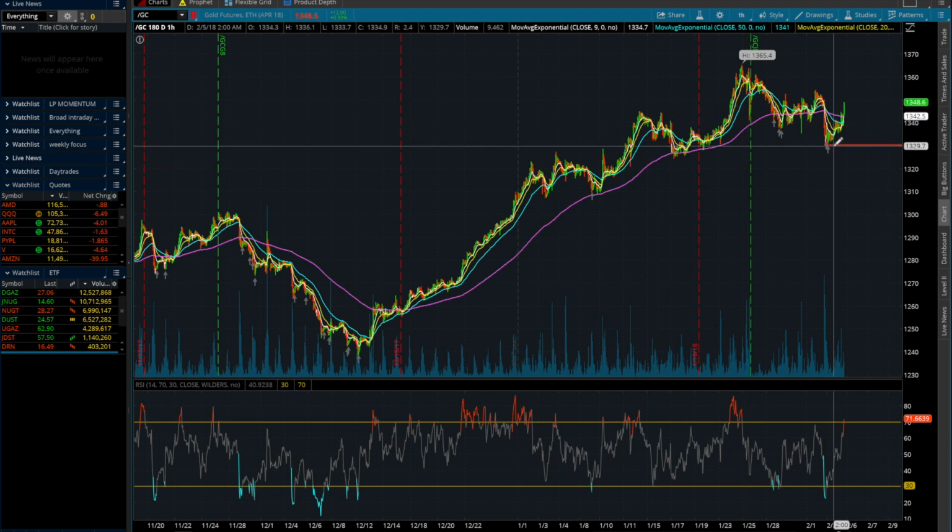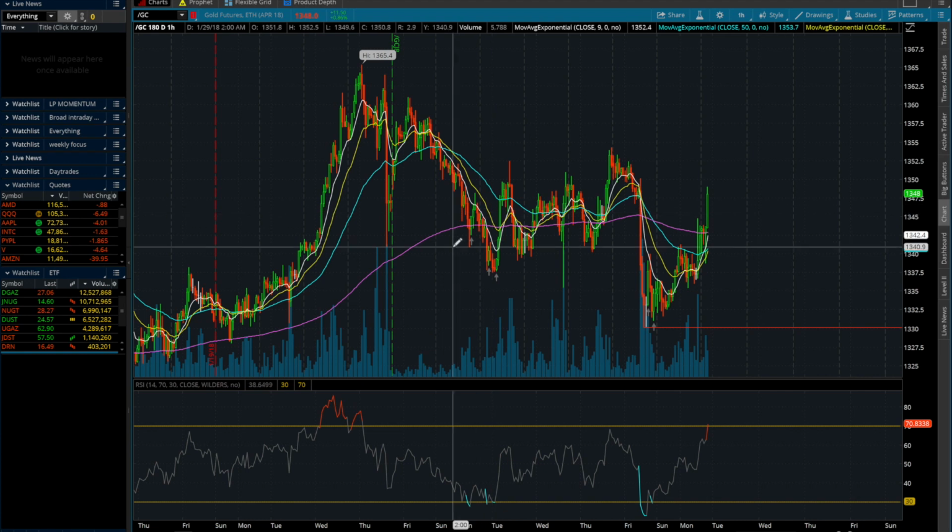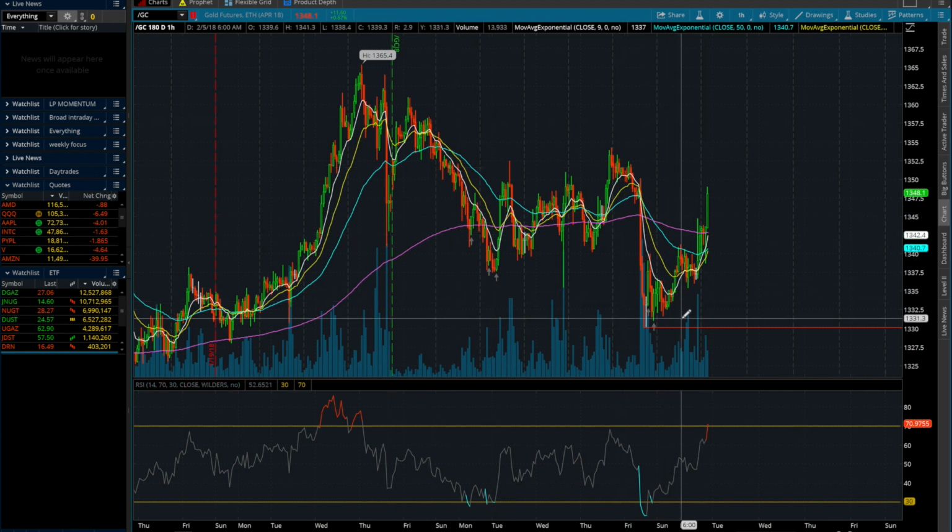I already have this little support set up at 1330, and that means that DUST and something like JDST would go up while JNUG will go down, because JNUG tracks this, and DUST and JDST, the inverse ones, are the main ones that I trade.